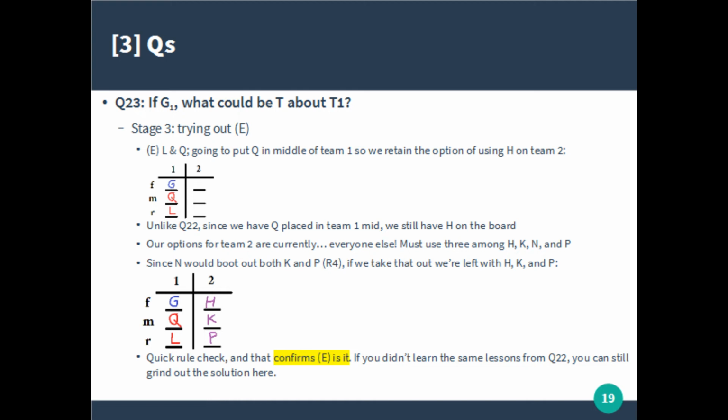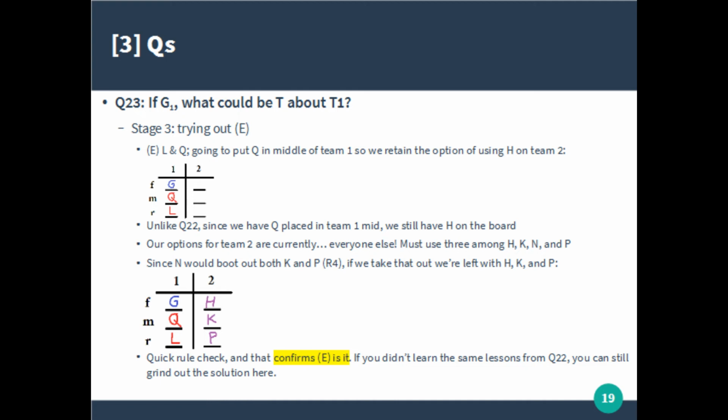So I am going to plug that right in this manner, putting Q from the answer choice in team 1's middle slot and L on team 1's rear slot, because that gives us the option to retain using H on team 2. So unlike question 22, since we have gone ahead and placed Q in team 1 on the middle slot, we still have H on the board. H is a possibility. So our options now for team 2 really are everybody else.